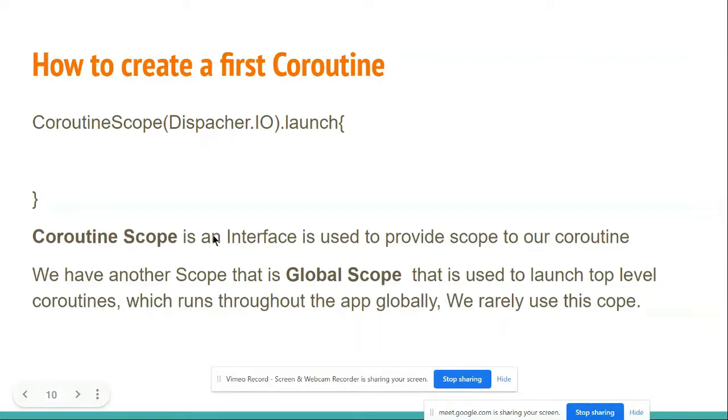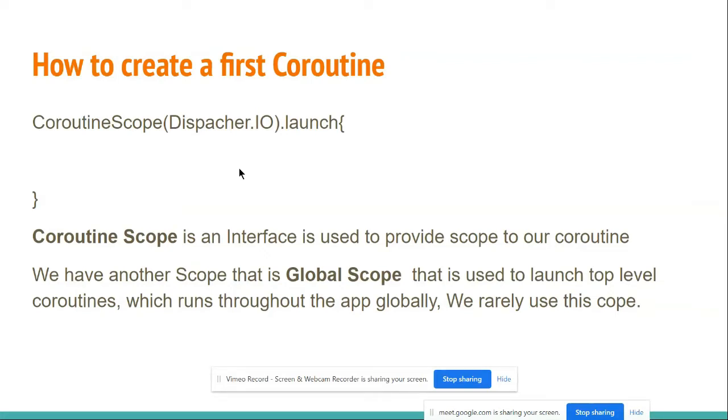CoroutineScope is an interface used to provide scope to our coroutine. It is used to provide the scope, or the reference, of our coroutines. We have another scope also, the GlobalScope, which we rarely use in application development.